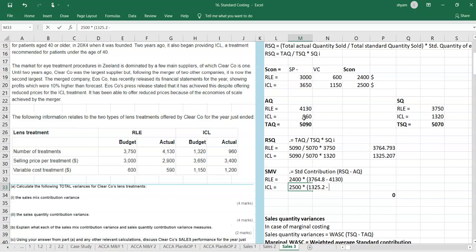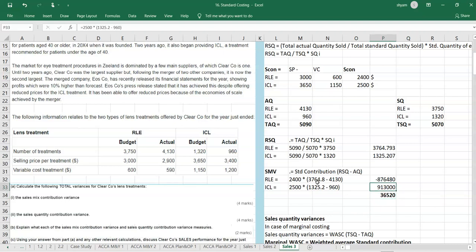AQ is 960. So the answer is 36520. It is a positive number.